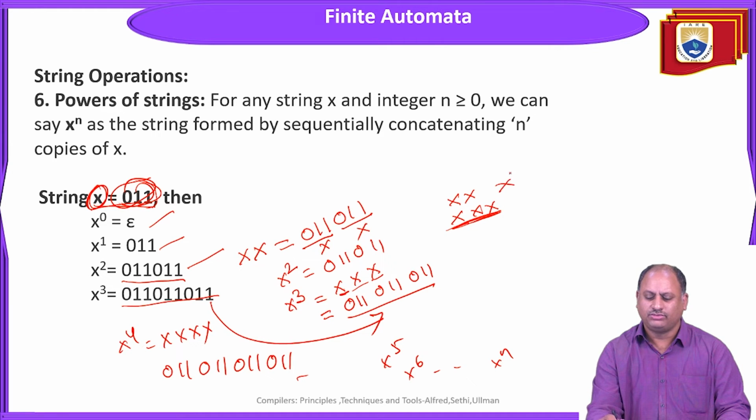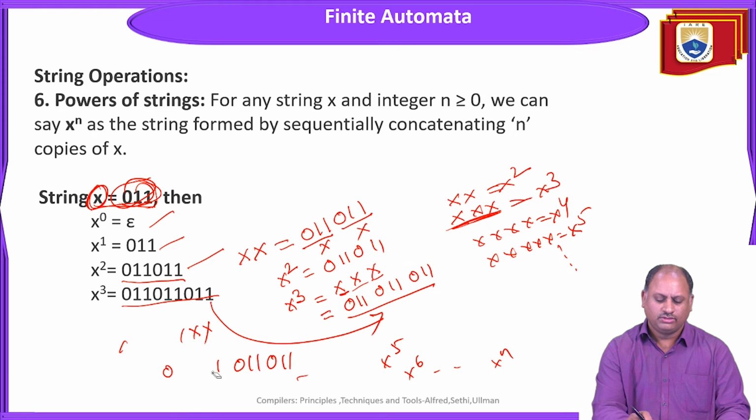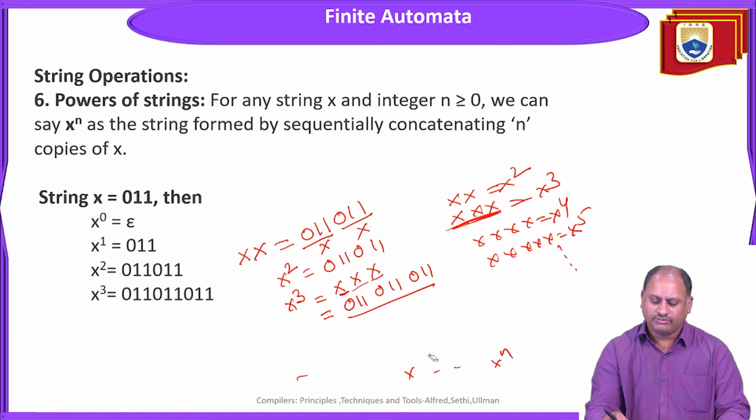So x power 2 is defined, x power 3 is defined, x power 4 is defined like this, x power 5 is defined like this, and so on. This is the notation to calculate or define the powers of a string.